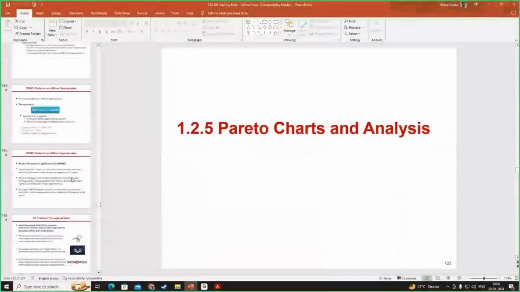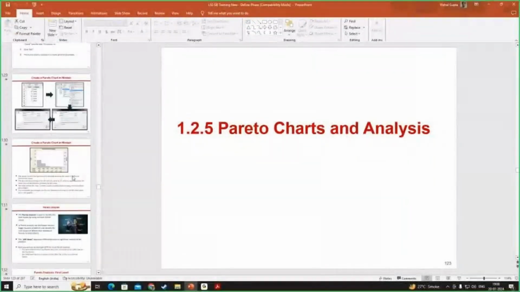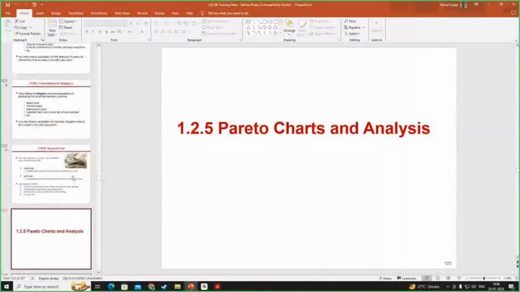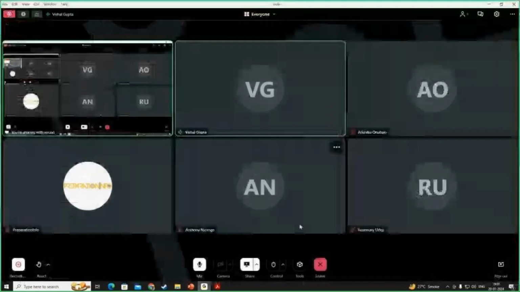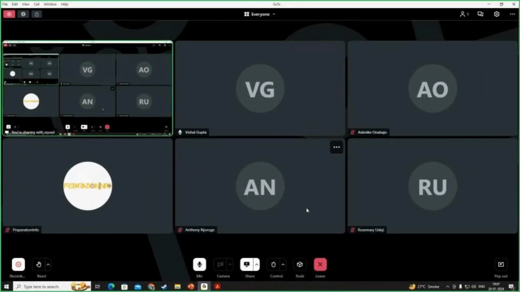But Pareto chart is simple and easy to understand. I will show you the tool that we are going to use. So let's take a quick 15 minutes break. Be back in 15 minutes so that we can start with Pareto chart and analysis. Is that okay with everyone? Yes, it's okay. Great.